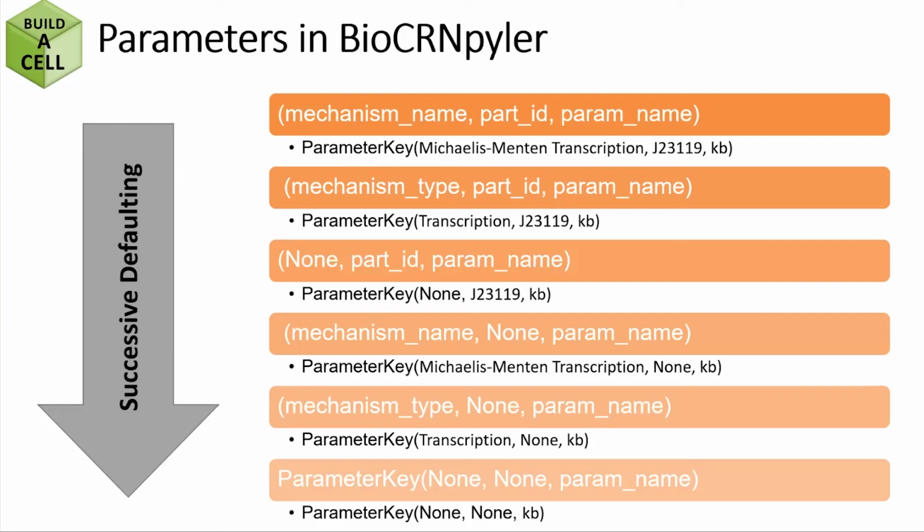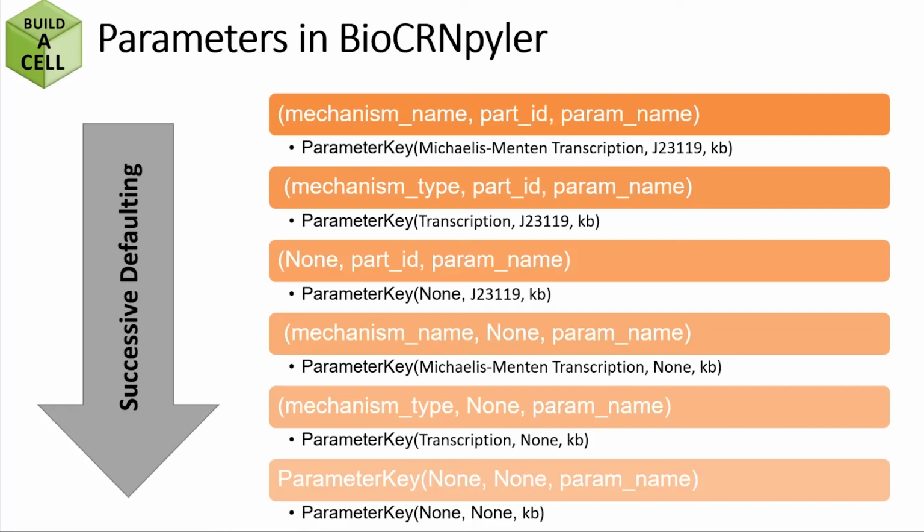And your parameter name is the binding rate. But maybe you don't actually have that parameter, and you can default to maybe just a generic binding rate for Michaelis-Menten transcription, or a generic binding rate for transcription, or even more generally, just a binding rate, a universal binding rate you're using in your simulation that's plausible until you get more complicated parameter values.